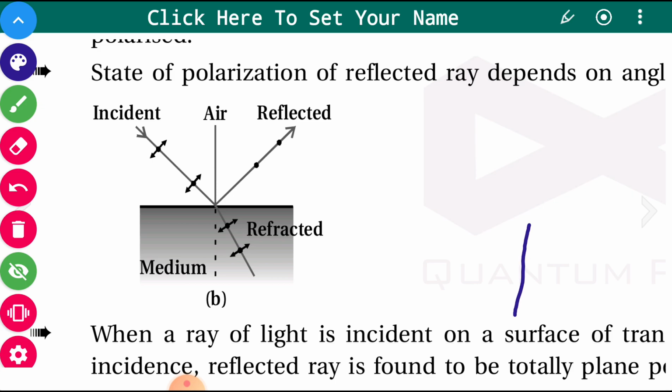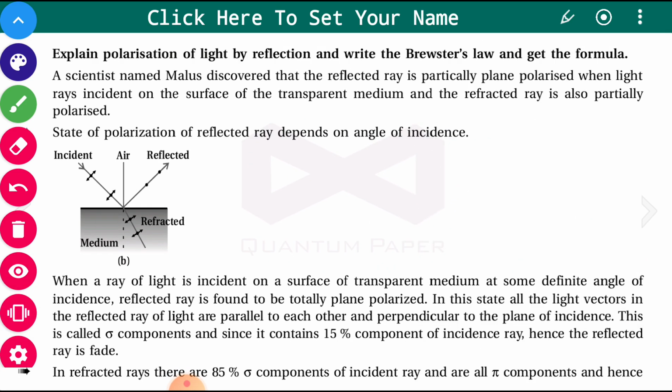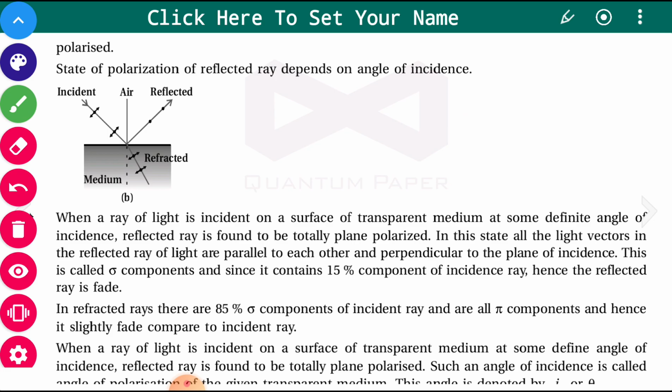Now names are given to the parallel and the perpendicular components of the E vector. The perpendicular component of the E vector is known as the sigma component. These sigma components are shown by dots.